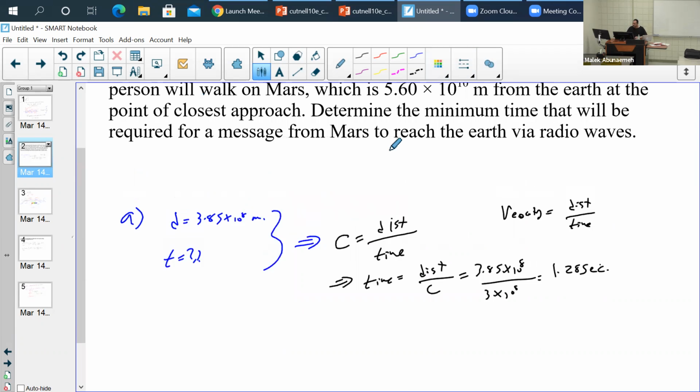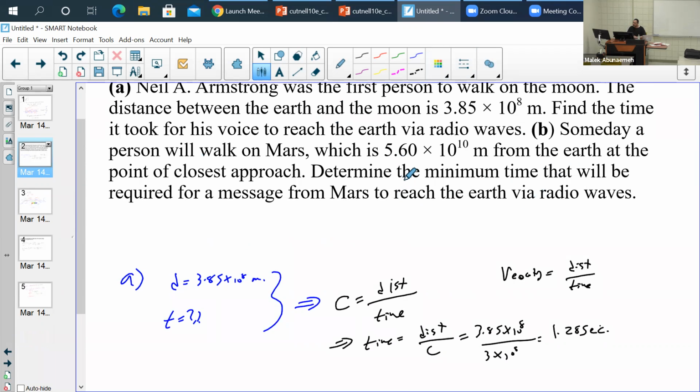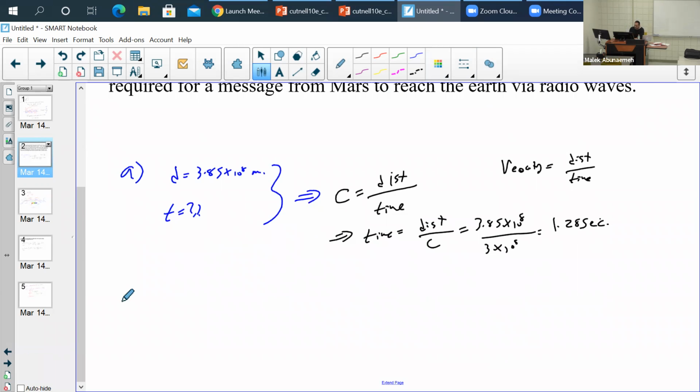Part B. Now, someday a person will walk on Mars, which is 5.6 times 10 to the 10 meters from the Earth. So right now your distance changed to 5.6 times 10 to the 10 power meters, and we're looking for time.